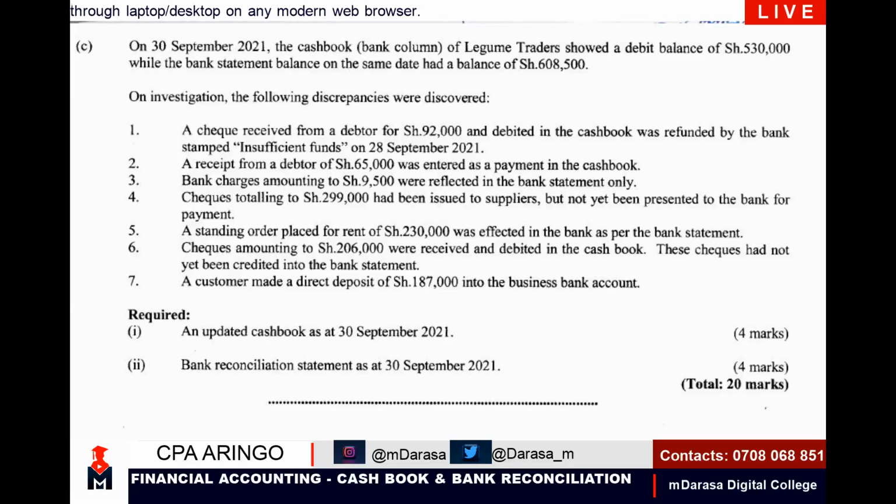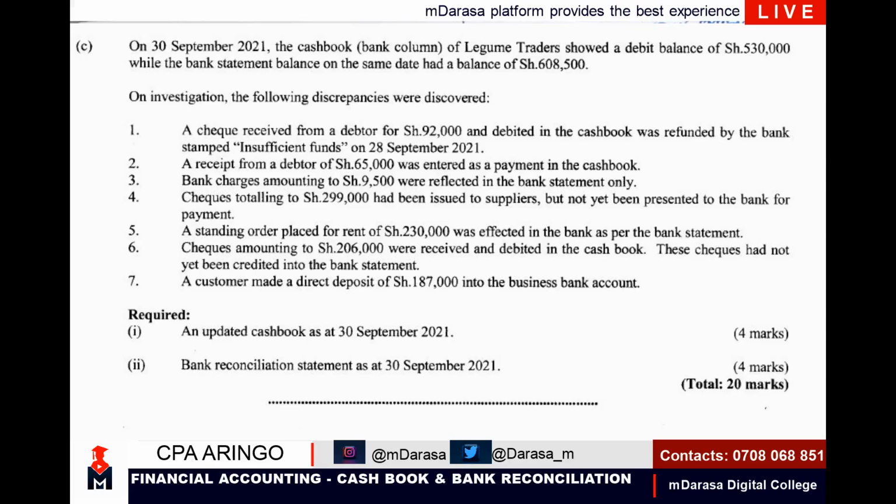But unfortunately, the check was dishonored. So it was recorded in the bank, but it was not recorded in our cash book. So I'll have to record it in our cash book, returning it as if we hadn't received that much. Therefore, we are going to credit our cash book account.